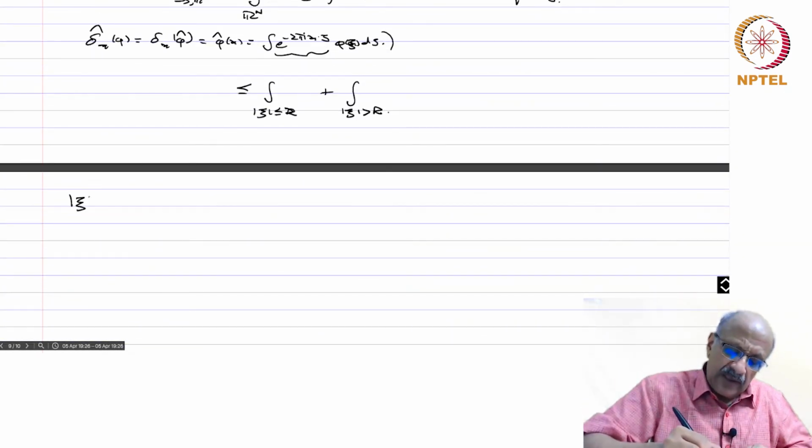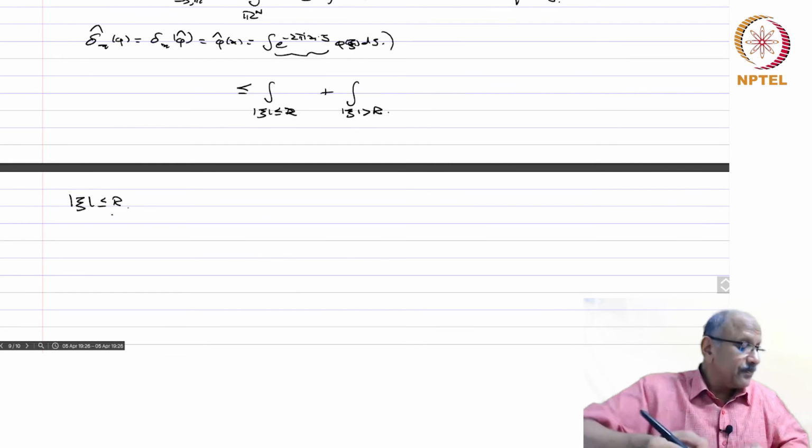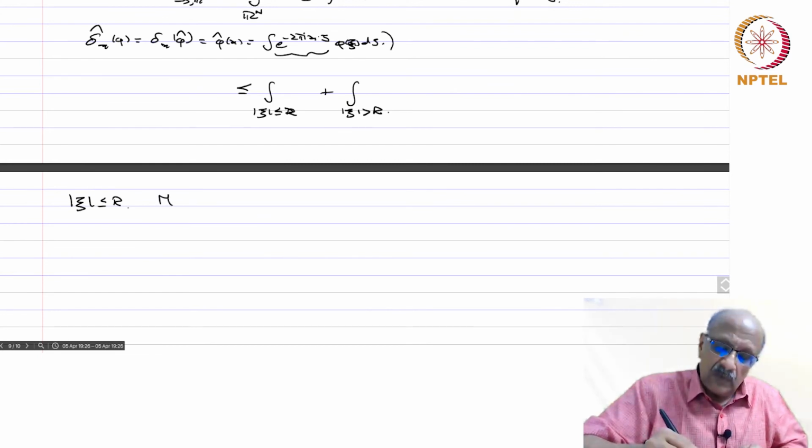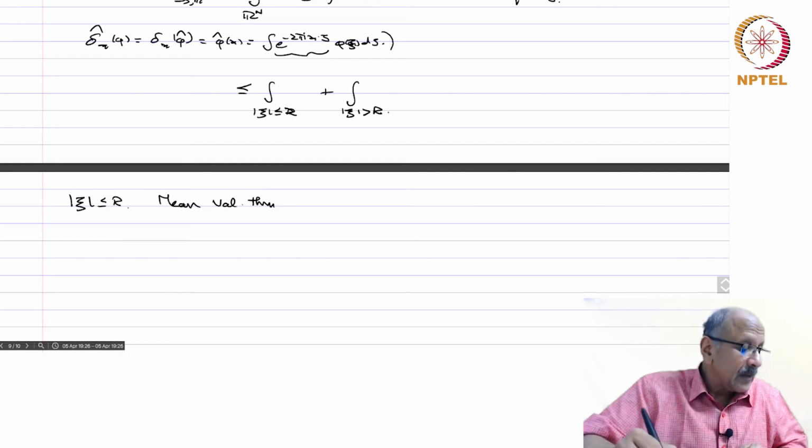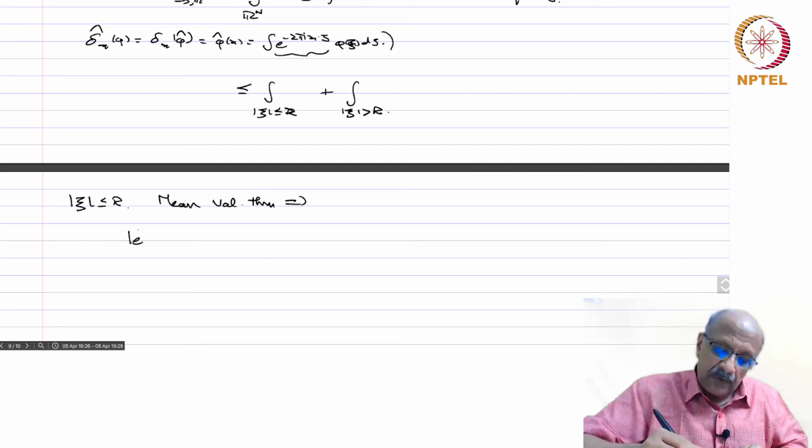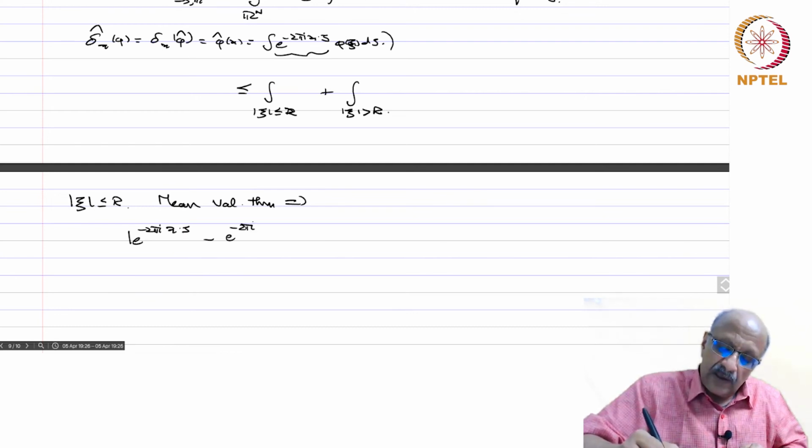For mod xi less than or equal to r, we will use the mean value theorem. It implies that mod e to the power minus 2 pi i x dot psi minus e to the power minus 2 pi i y dot psi, squared, is less than or equal to 4 pi squared mod x minus y squared into mod psi squared.